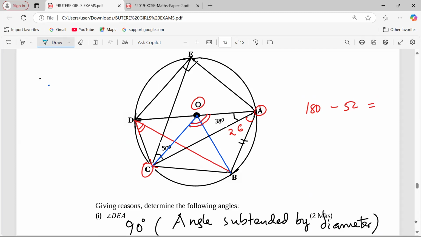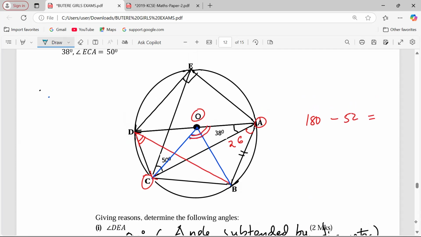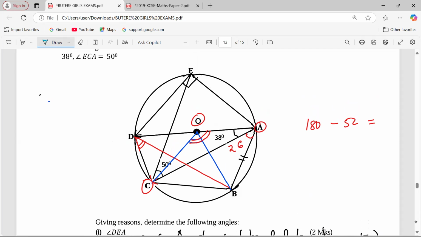So ours is to say that using figure EABC, which is a cyclic quadrilateral, we already know the value of this angle at B is 128. That one we worked out early as 128.